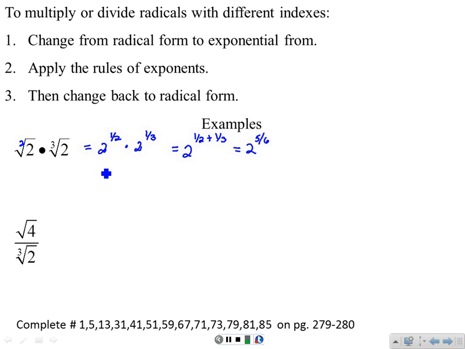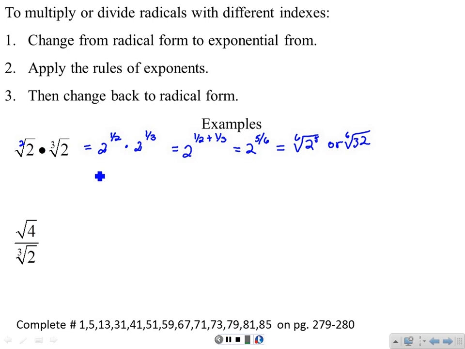But then, since you started with radicals, you have to end with radicals. So this is going to be the 6th root of 2 raised to the 5th power. And this is good for me, or if you want to go ahead and simplify it out, you can have the 6th root of 32.